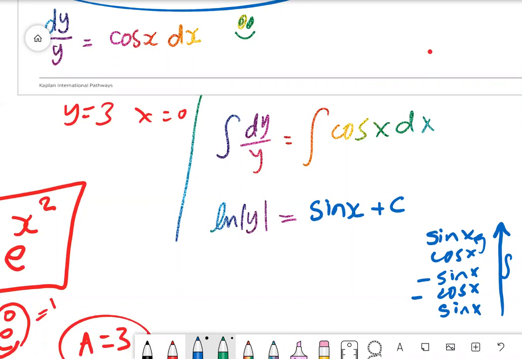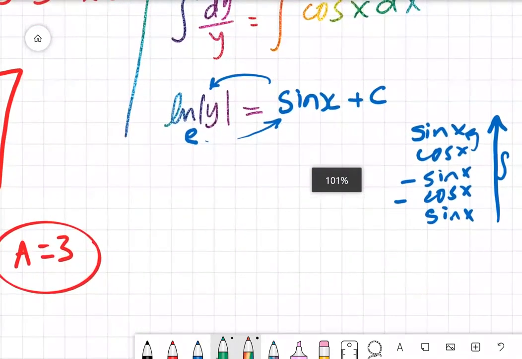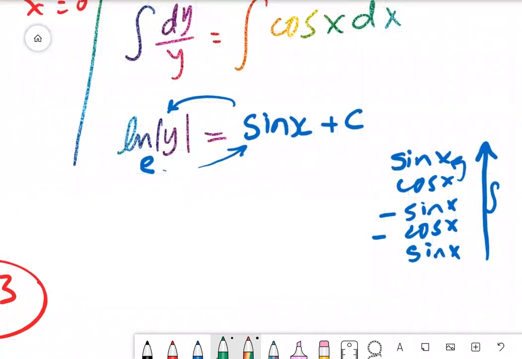I want to find y only, so I will take e to the power of both sides. Or you can use the definition: ln means the base is e, so e to the power of this gives you y. You can use any of them, both are the same. So y equals e to the power of sine x plus c.